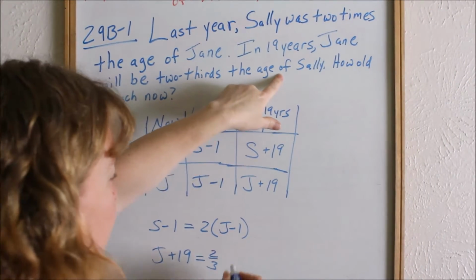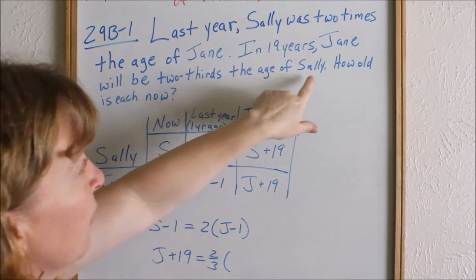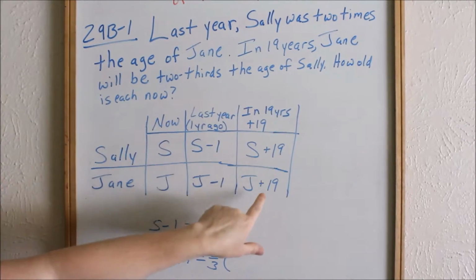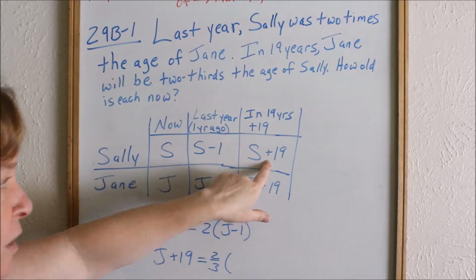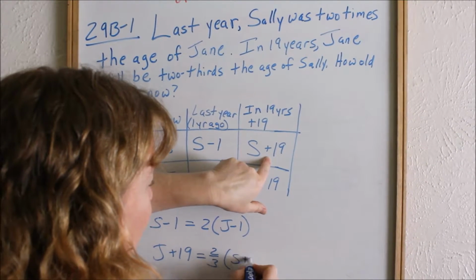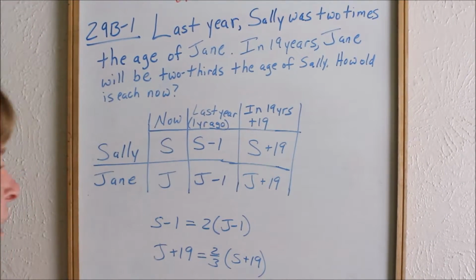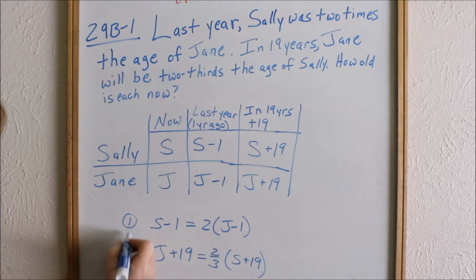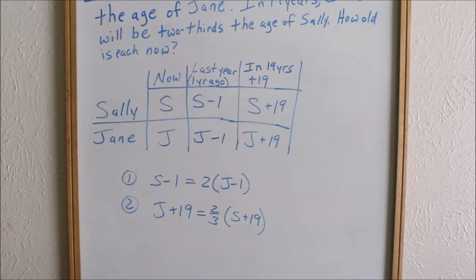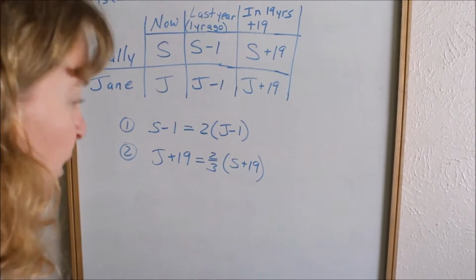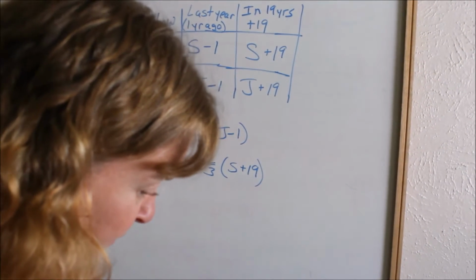What does of mean? Multiply. Sally. How old is Sally in 19 years? Remember, we're doing it in 19 years. So here's Sally in 19 years. It's her age now plus 19. So now we have our 2 equations and our 2 unknowns. Okay? So you can either solve by elimination or substitution.